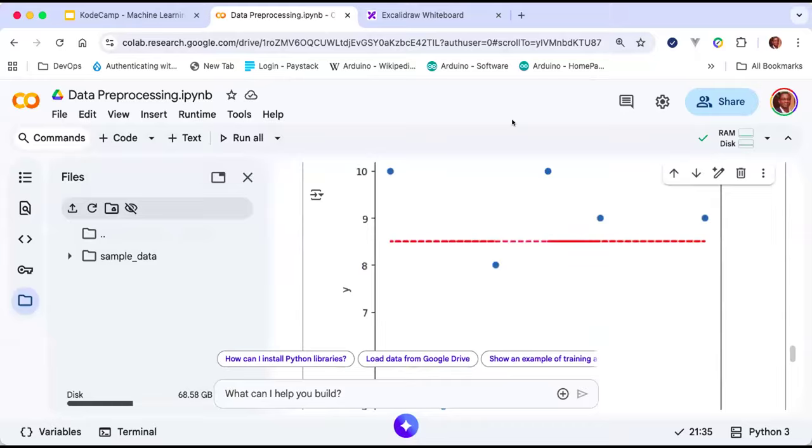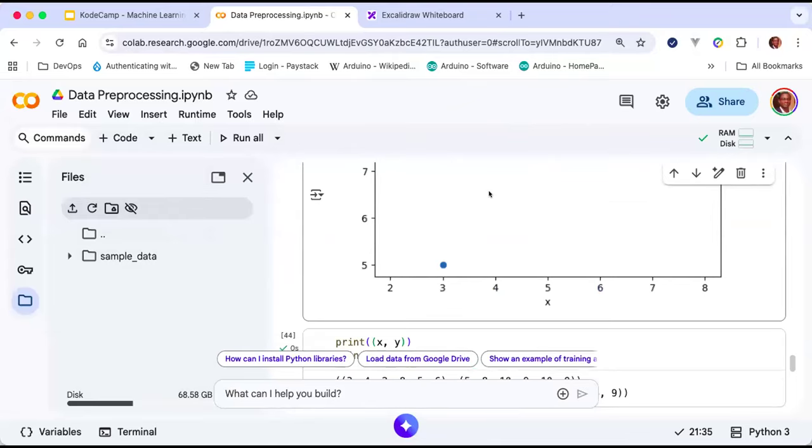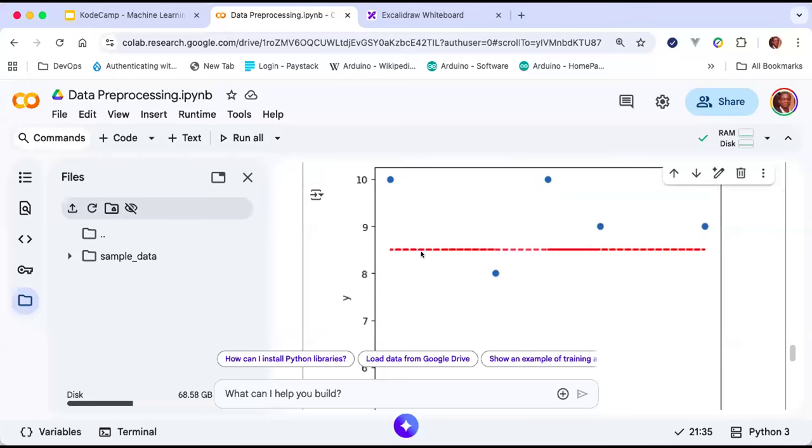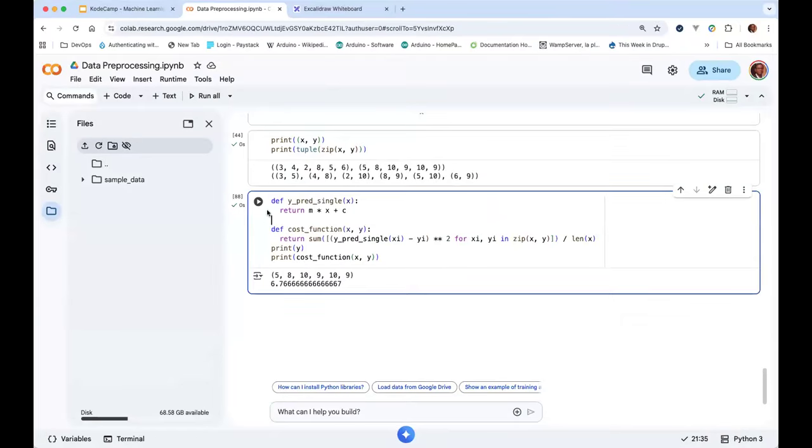And apart from being almost flat, let's look at the loss. If you look at the loss now, let's see. You can see we have a loss of 2.9.